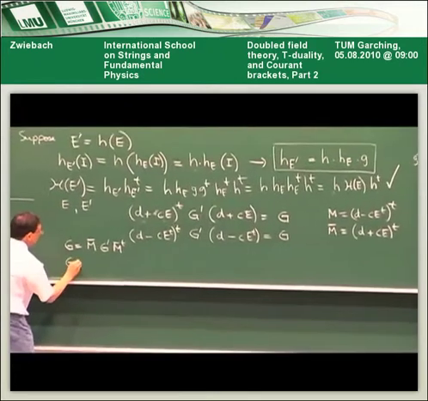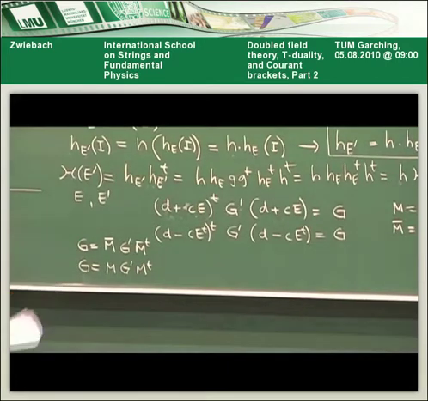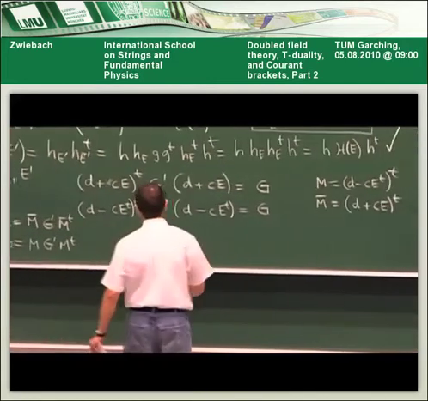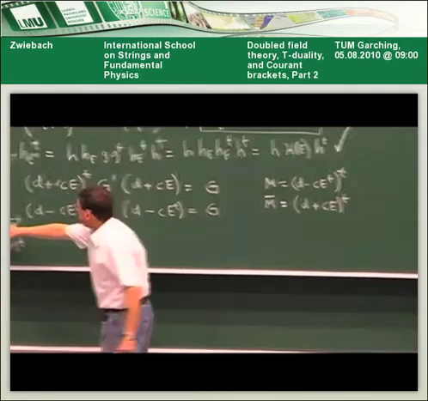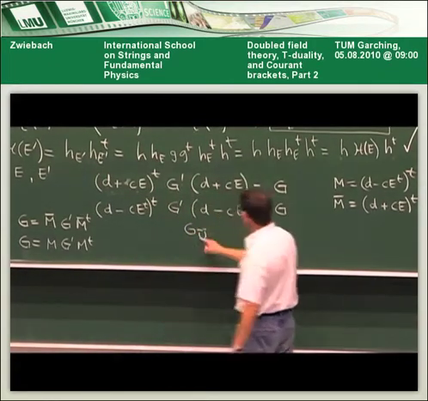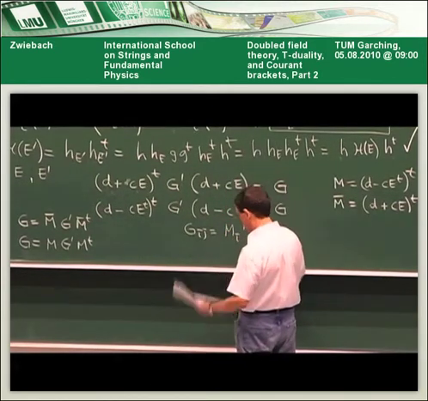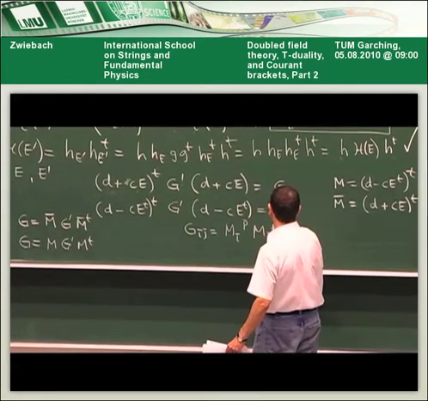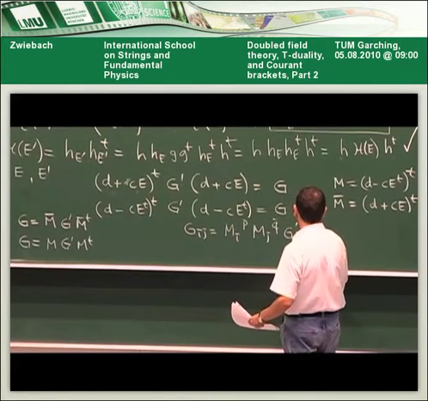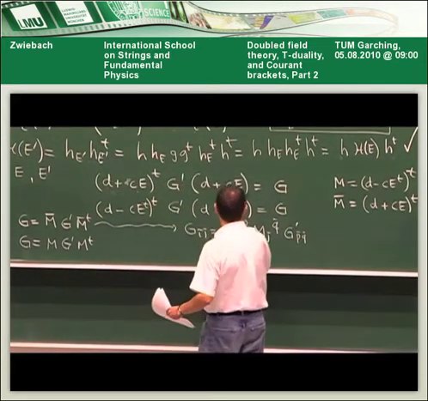And then G is also equal to M G prime M transpose. And the matrices M and M bar will be important in our development. I was talking about indices. If you write this out, you could say that G, say ij with bar indices, are equal to M i bar p bar M j bar q bar G prime p bar q bar. That would be a translation of this formula with bars here.